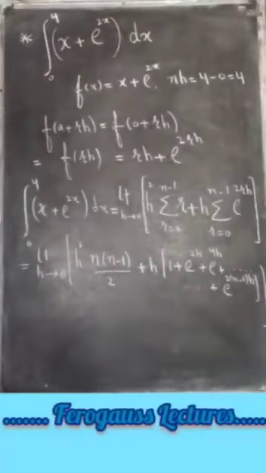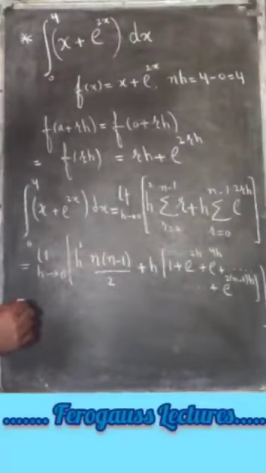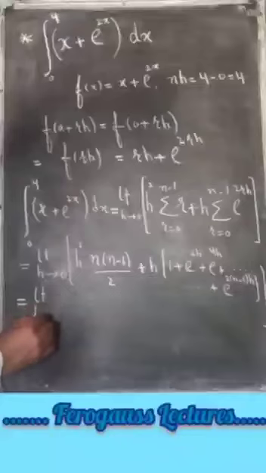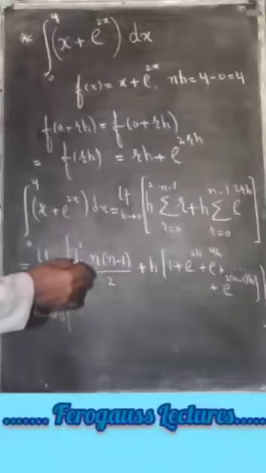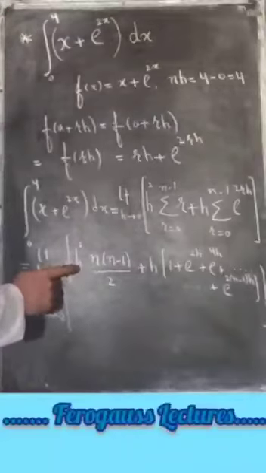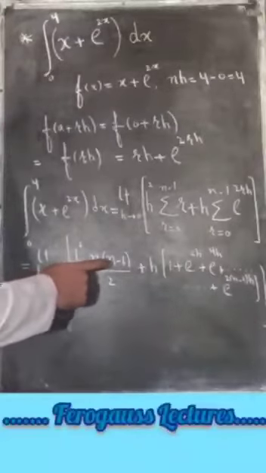Now this is further equal to the limit as h tends to 0. Here we have h squared, so we multiply one factor of h to n and one factor to n minus 1.